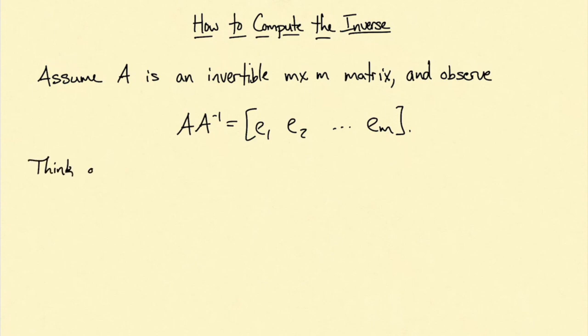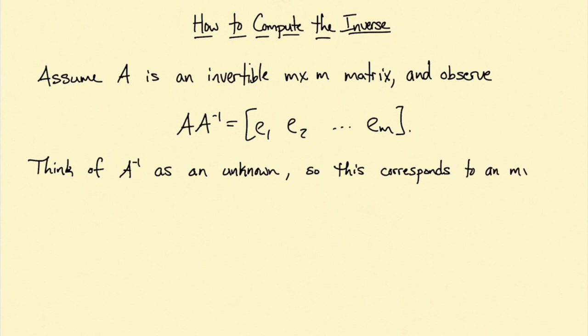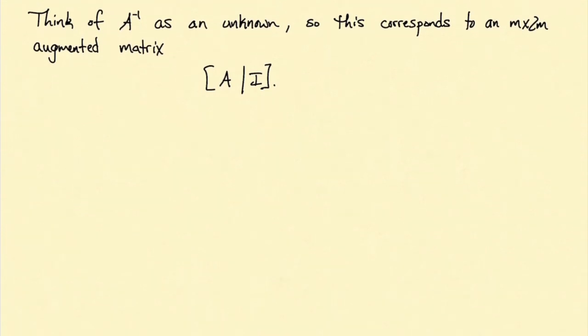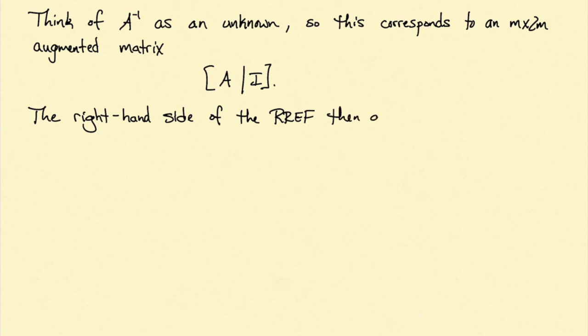If we regard the matrix A inverse as an unknown, then we could actually think of this like a system of equations corresponding to the m by 2m augmented matrix A bar I. Now, if we perform Gaussian elimination, then we can think of the solutions not so much as values for particular variables, but as the columns of a matrix.